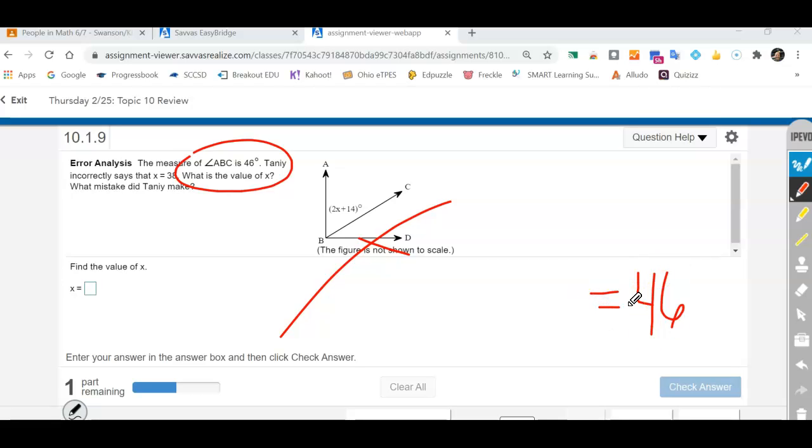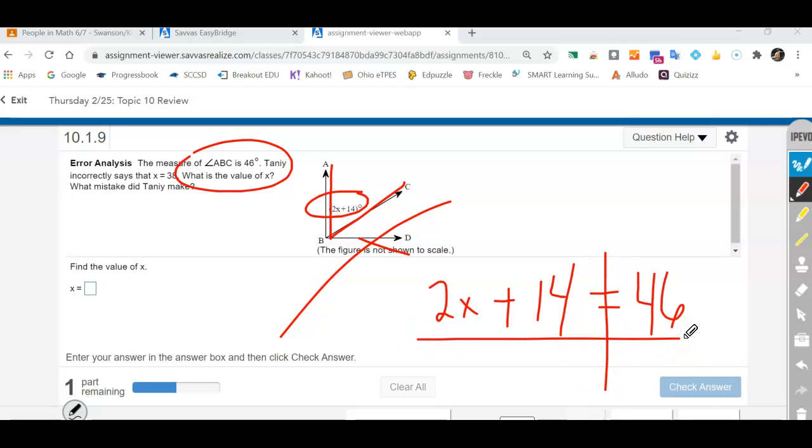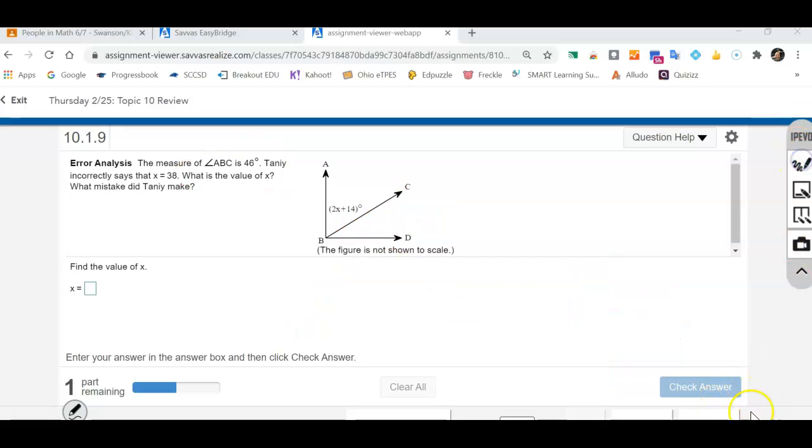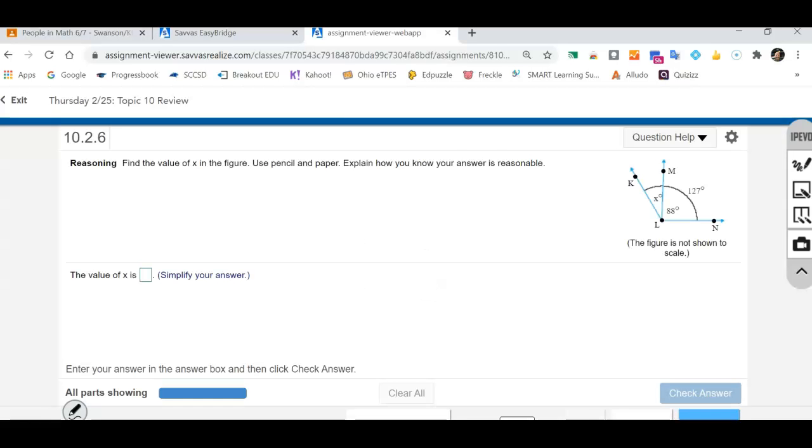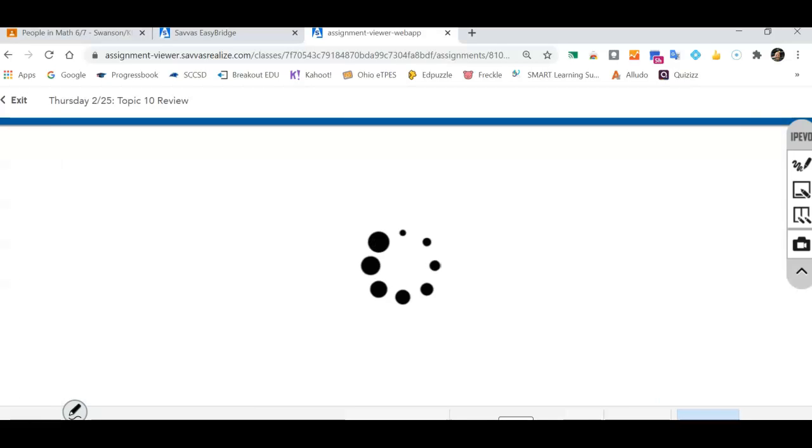Well, angle ABC is also this one right here. It is also 2x plus 14. So now I would just solve, right? So make sure you decipher what information is needed, what's not needed to set up your problem.